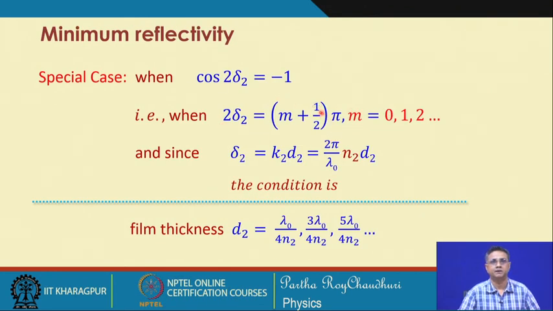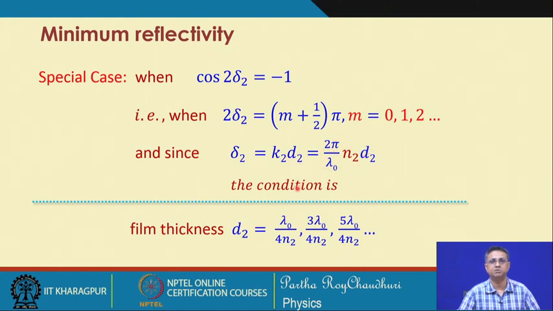Therefore, when cosine 2 delta 2 equals minus 1, the condition for this to appear is twice delta 2 will be equal to m plus half pi, where m equals 0, 1, 2, all integers. And since delta 2 is equal to this, we can write delta 2 in terms of this.